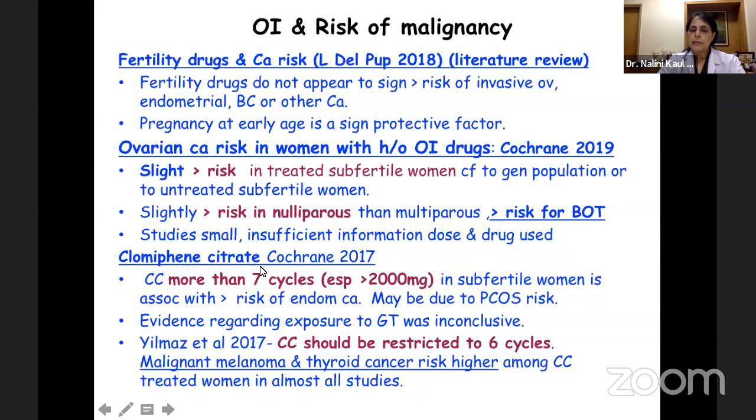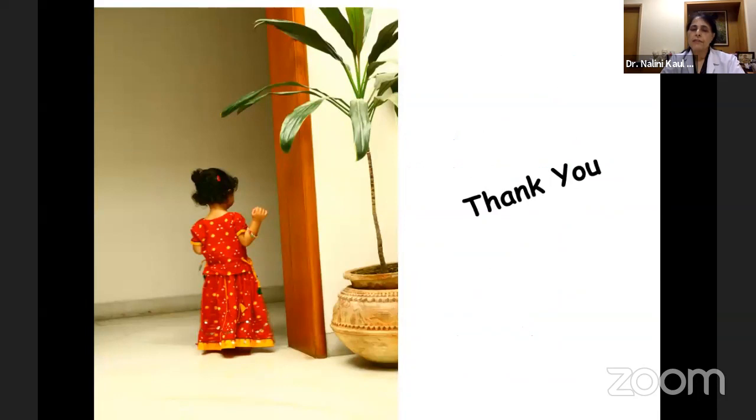However, we must control the number of cycles we do, and therefore whatever we do, we have to use it effectively with all the arsenal, with all the technology available. We must fine-tune our ovulation induction so that we keep the patient safe and get the pregnancy before she goes on to any complication. And if it hasn't happened within a reasonable period of time, we move her on to IVF. And with that, I'd like to thank you all very much.